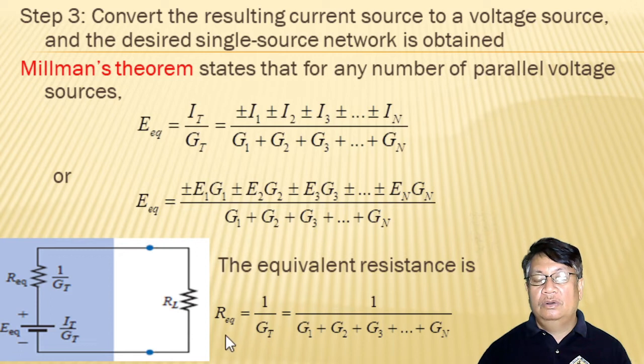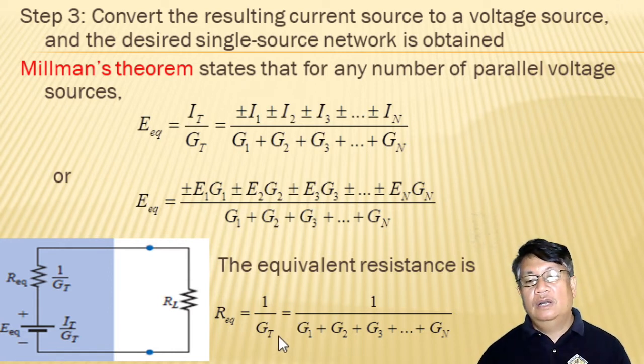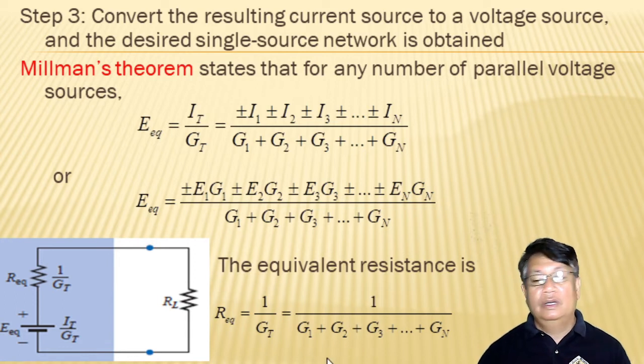Your equivalent resistance, of course, is the reciprocal of G sub t, or simply equal to 1 over G sub 1 plus G sub 2 plus G sub 3. So that is our equation and our circuit.